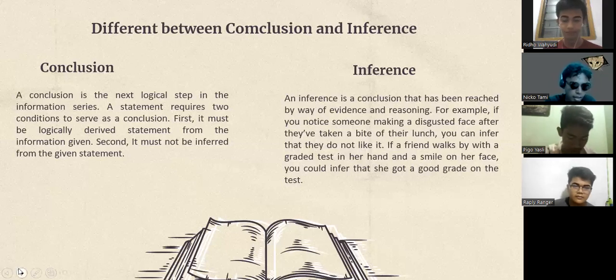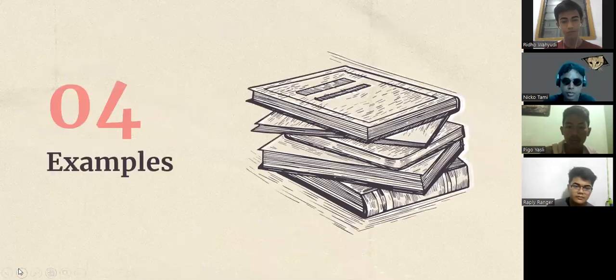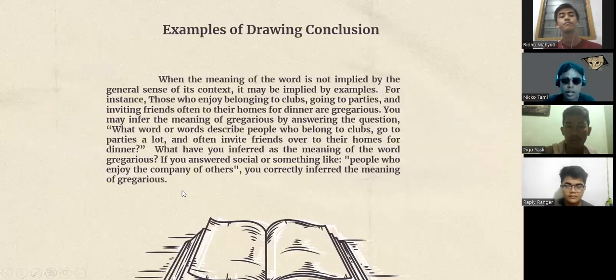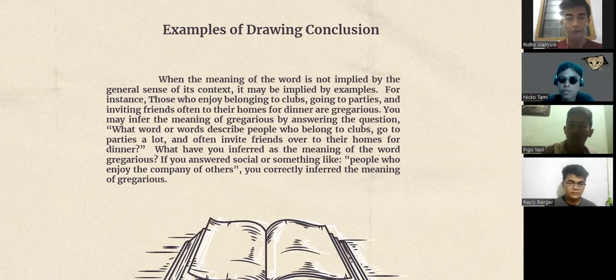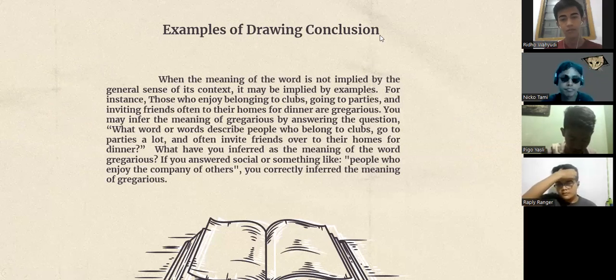Next, the examples. Examples of drawing conclusions. For information, you may pause this video and read it. And I'll give it to Ridho. Ridho, please welcome.